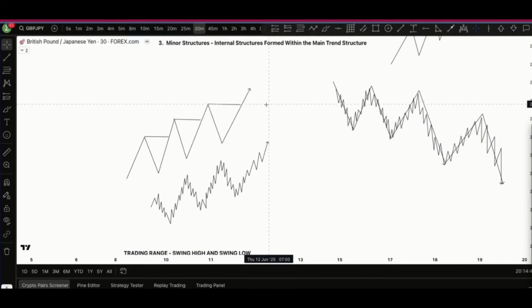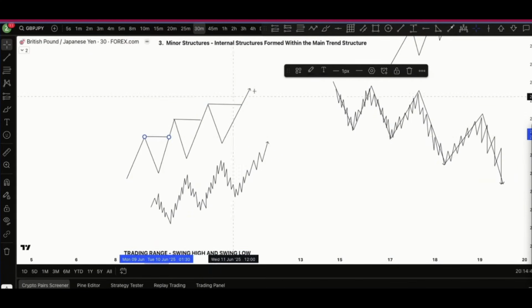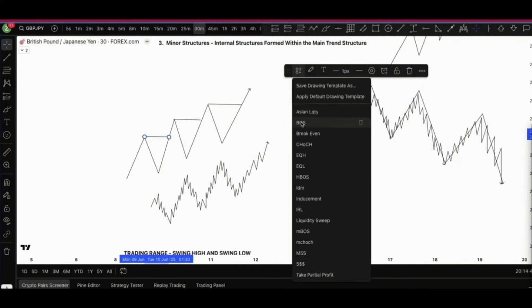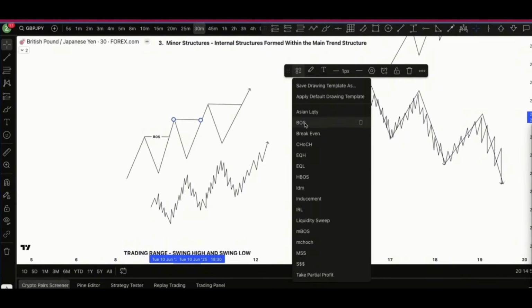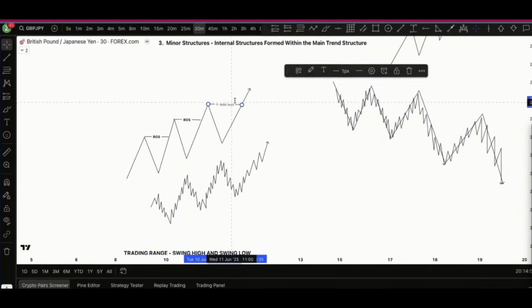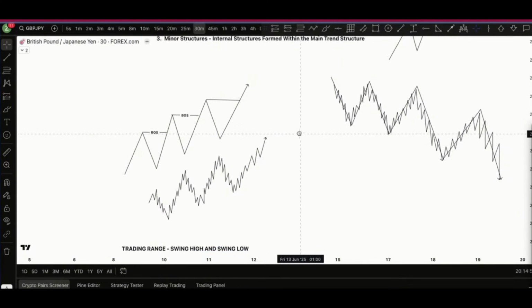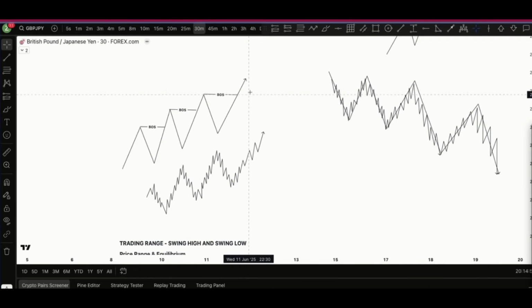Okay, good. So now we all know that in a bullish trend, price breaks structure to the top, whilst in a bearish trend, price breaks structure to the down or to the bottom. Within this basic market structure, we have a substructure and a minor structure.